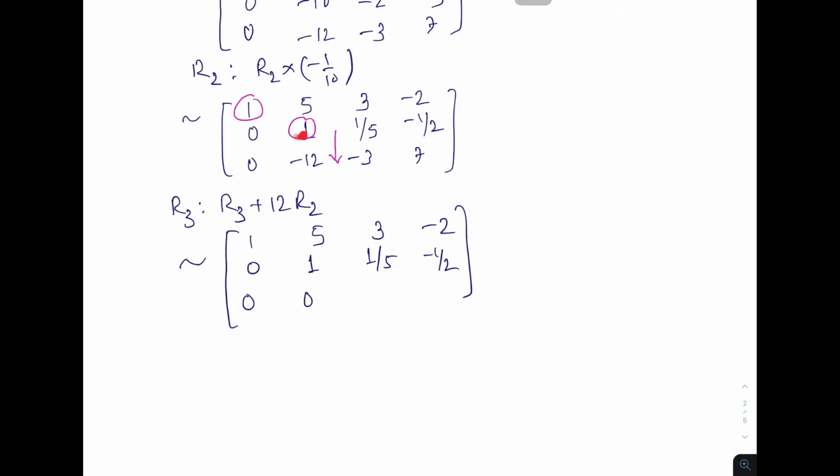Now multiply with 12 here and add, so that is 0. Multiply with 12 here, add here, so that is 12 by 5 minus 3. So this is 12 minus 15 by 5, so that is -3 by 5. Similarly, multiply -1 by 2 with 12, and so that is nothing but -6 plus 7. So that is 1 here.